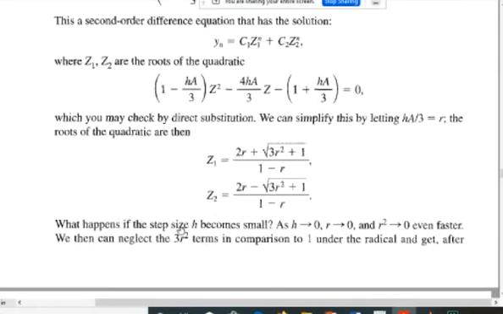What happens if the step size h becomes small, as h tends to 0, and r goes near to 0 and r squared goes to 0 even faster?